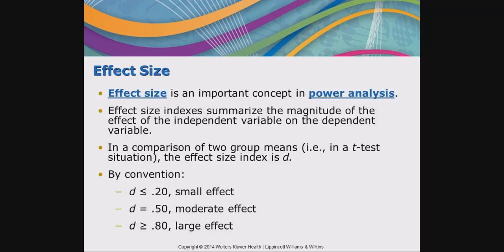Now, effect size. We talked earlier about the power analysis. Well, power analysis is really a technique that's used to estimate sample size needed to avoid that type 2 error. Remember what type 2 error is.